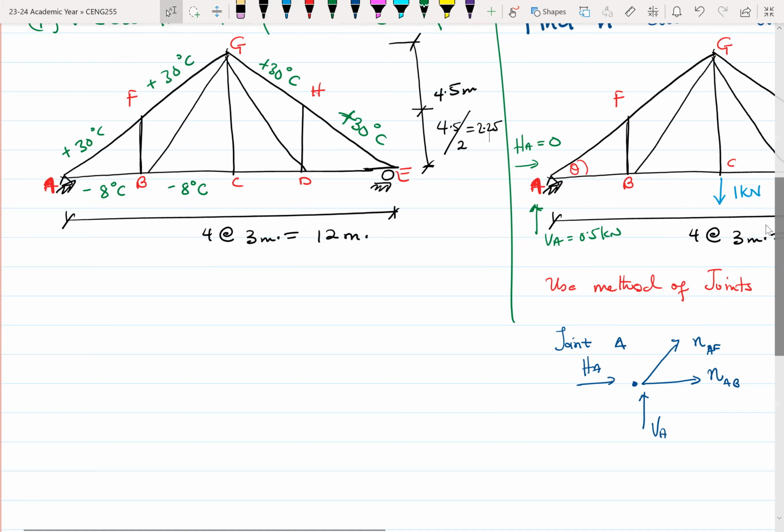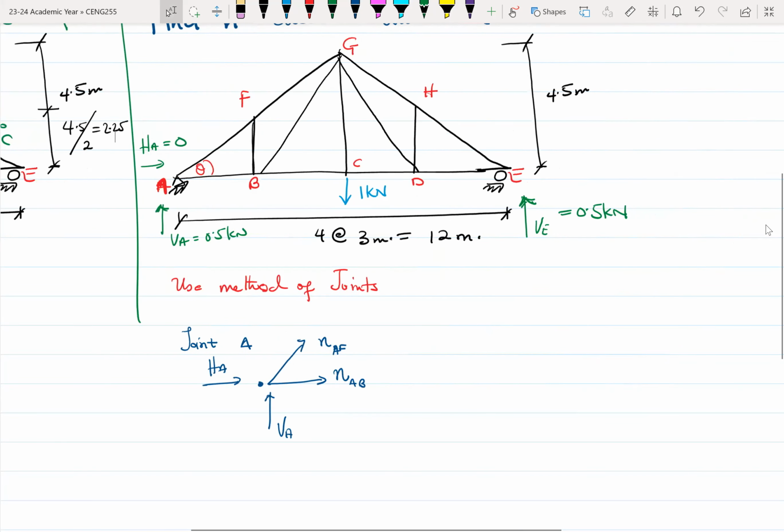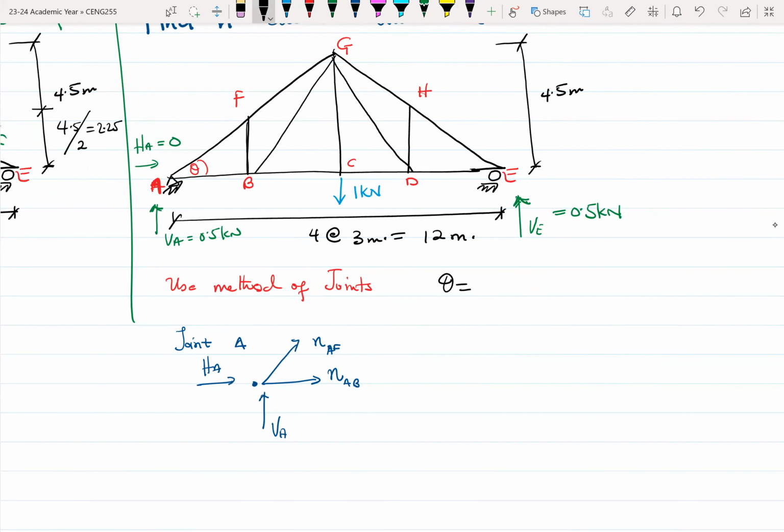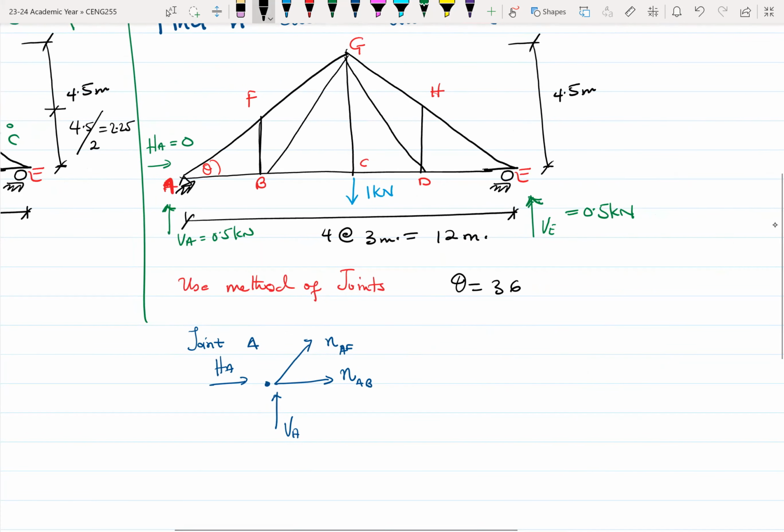It's going to be tan inverse of the opposite, 2.25, divided by the adjacent of 3 meters. So here theta is equal to 36.87 degrees. All right, that's fine.